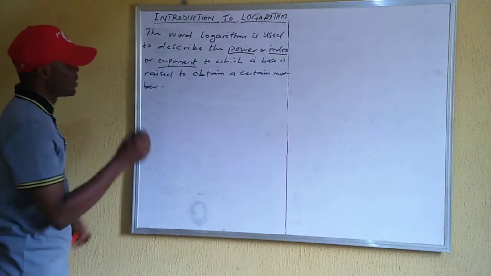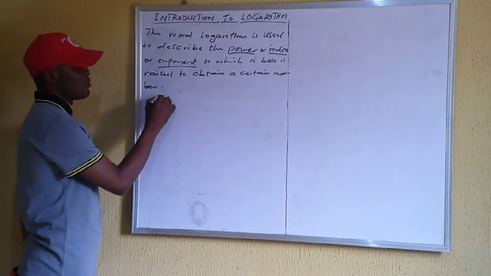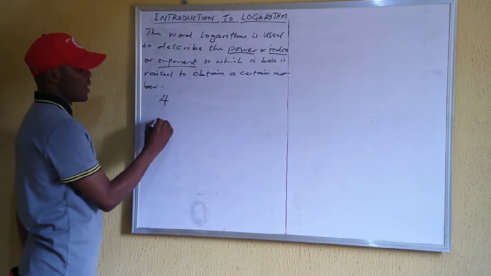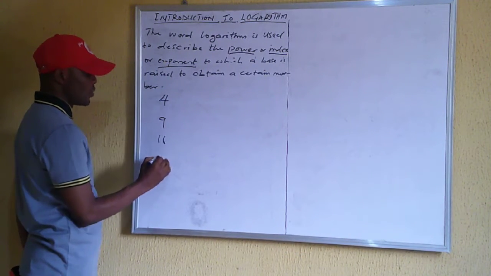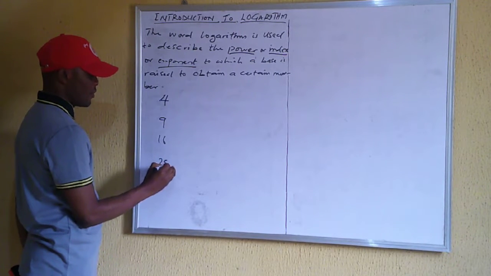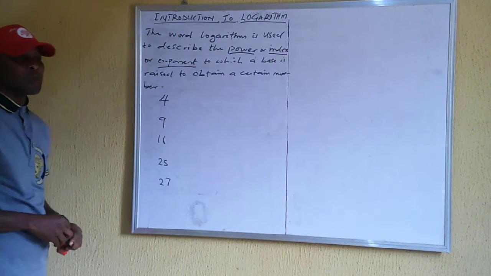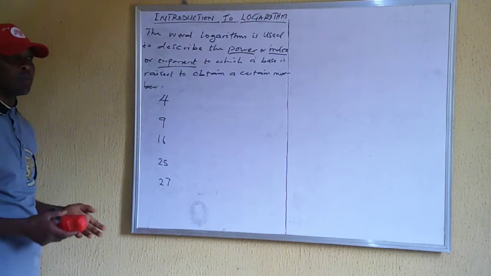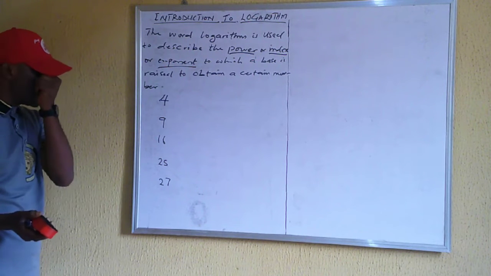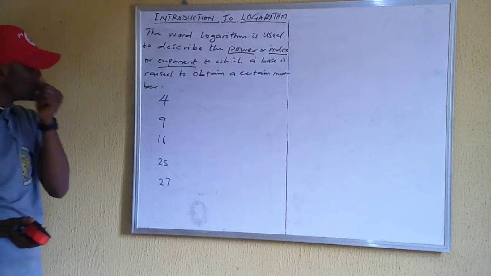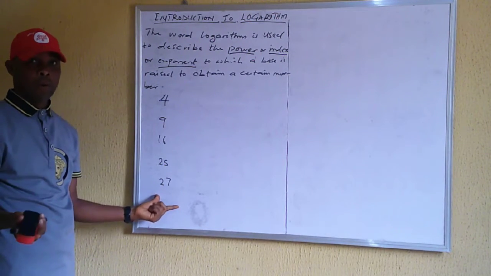Let's consider these numbers: 4, 9, 16, 25, 27. These are numbers we see and play with on a daily basis, but there are several mathematical operations that can be carried out on each of these numbers and more.